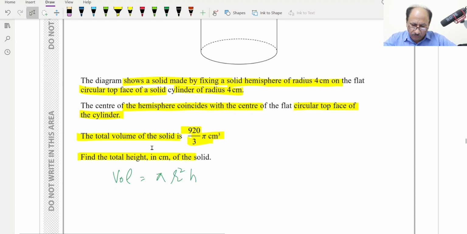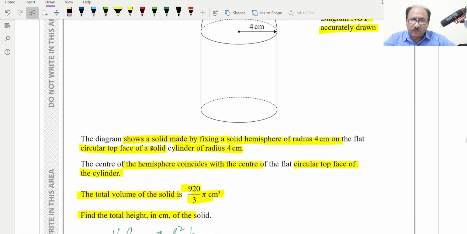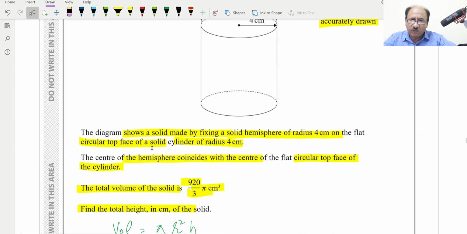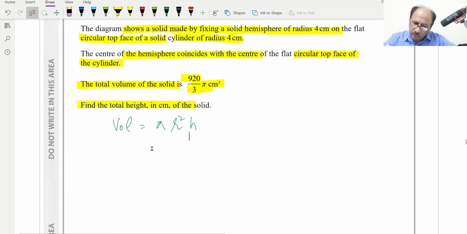This is the volume of the cylinder, and the volume of a sphere is equal to 4 by 3 pi r cubed.